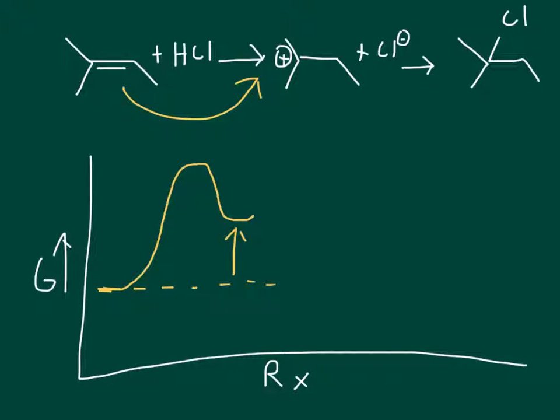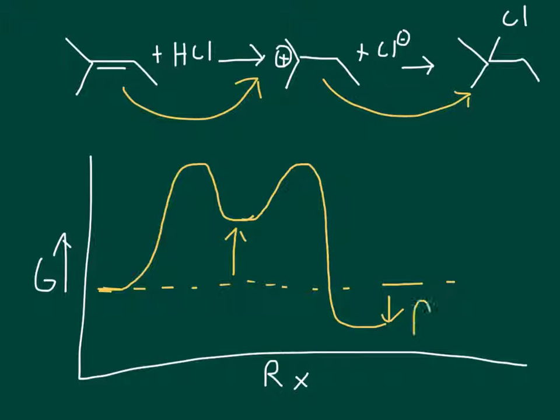Now going from the intermediate, the carbocation, to this, we're going to have another transition state, and in this case with this addition reaction, the products are going to be lower in energy compared to the reactants. So we'll want to make sure that going from a level that we actually go down in this case. We have our products and our reactants.